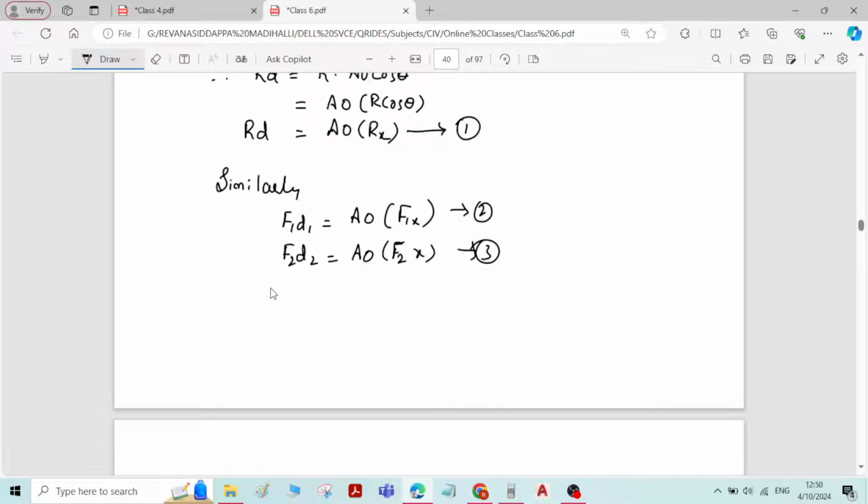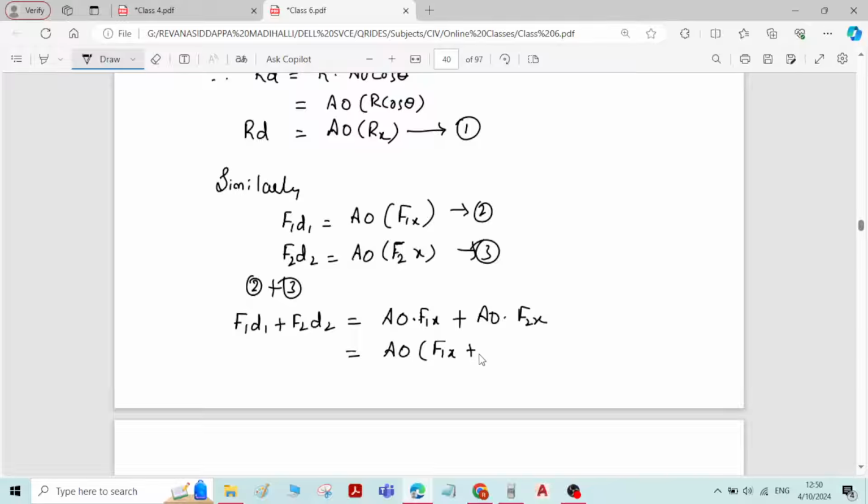Now we will add equation 2 and 3. Taking equation 2 plus 3, it will be F1 D1 plus F2 D2 is equal to AO into F1x plus AO into F2x. You can take AO common here, AO into F1x plus F2x. What is F1x plus F2x?